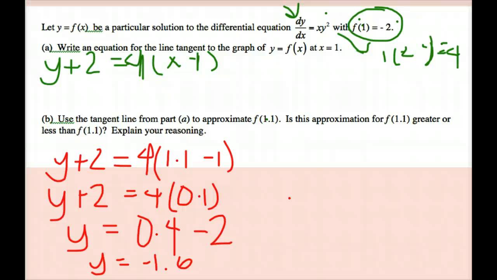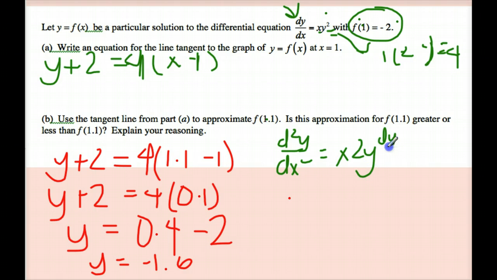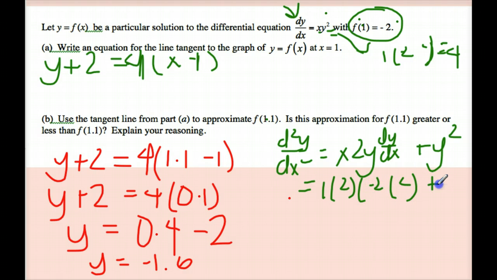If I find the second derivative, d squared y dx squared is equal to the first term times the derivative of the second, so x times 2y dy dx, plus the second term, y squared, times the derivative of x, which is 1. So I plug in: 1 times 2, y is negative 2, we found dy dx was equal to 4, plus y squared, which is 4.